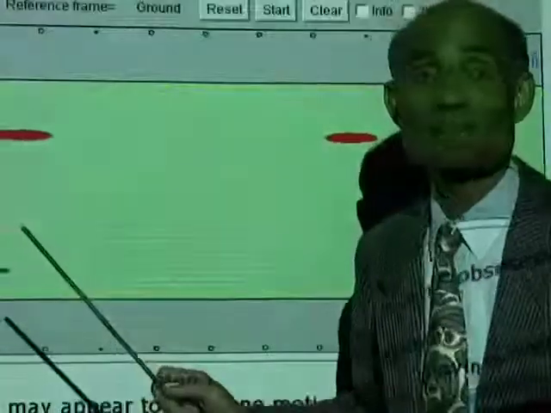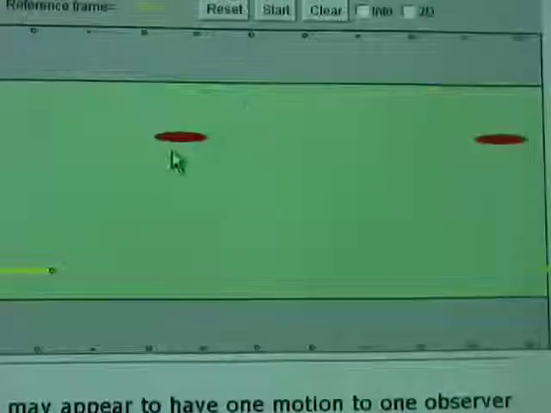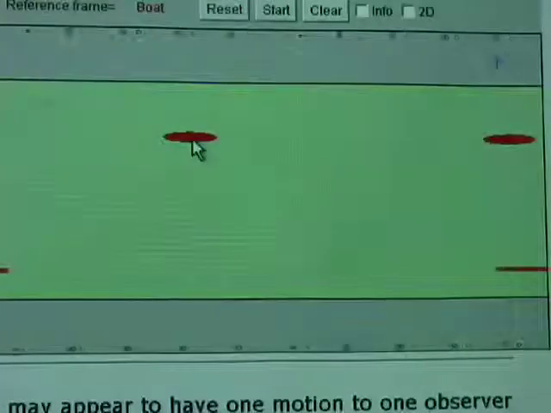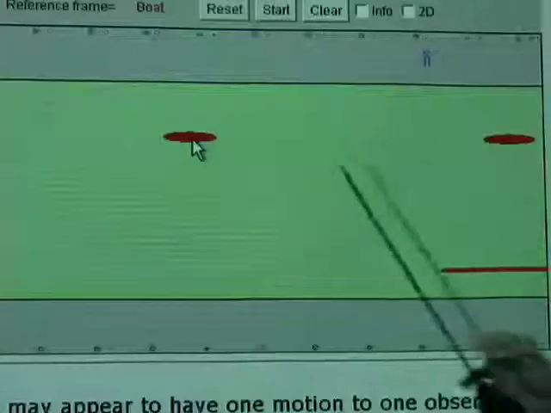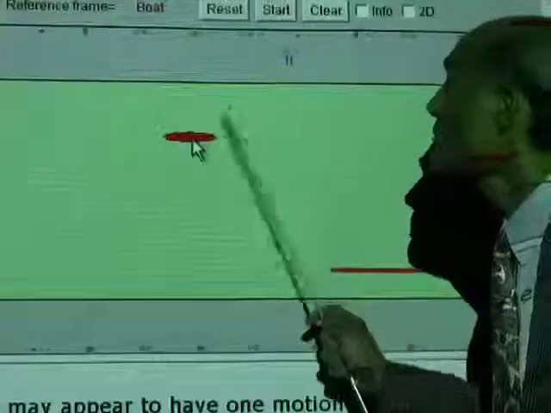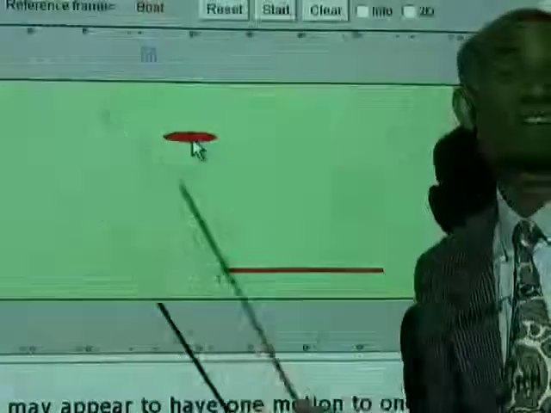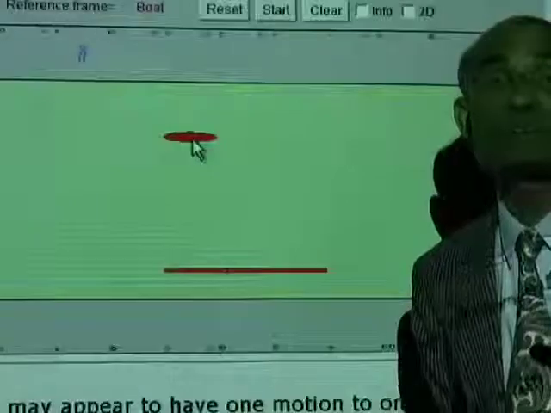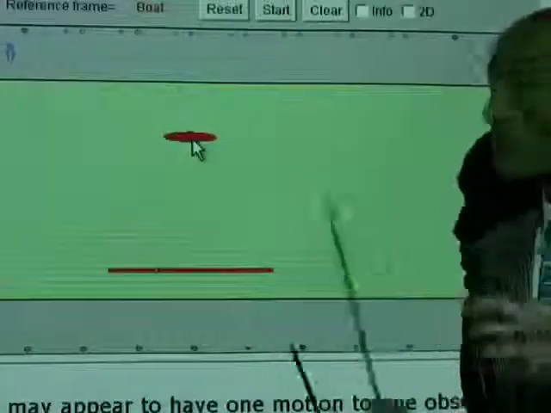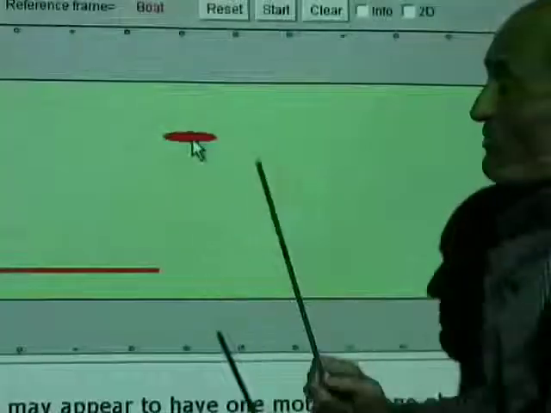Alright, let's go to the boat and bring the boat to a stop. Look at this. When you measure the velocity of the man from the boat, he is rushing in the negative x direction at 4 meters per second. Is that right? So this is what we're going to do to find the relative velocity.